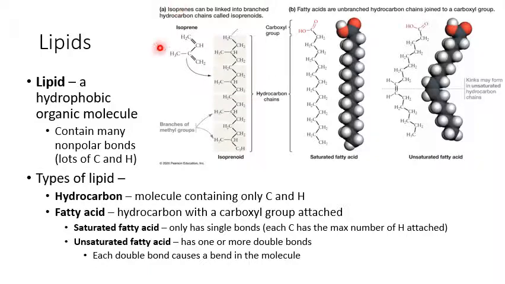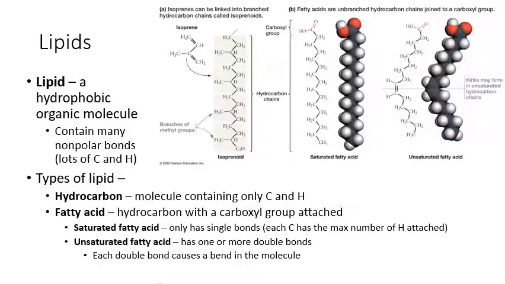And up here you have a diagram of a hydrocarbon. So it's just a chain of carbons, and they have hydrogens attached to them, and then sometimes there's other carbons attached as well, coming off like a branch, but basically just a chain of carbons with hydrogen stuck onto it is a hydrocarbon. A fatty acid is slightly more complicated.